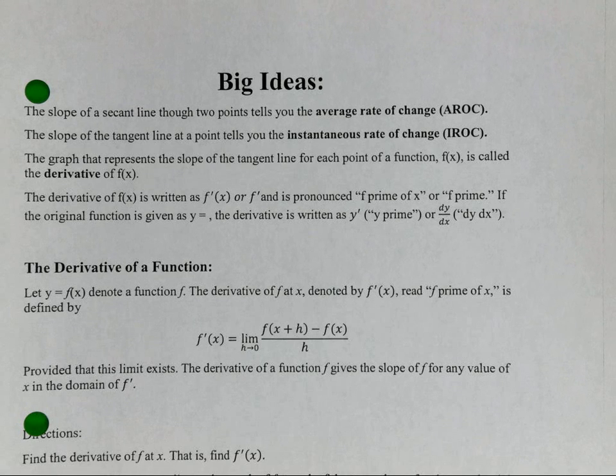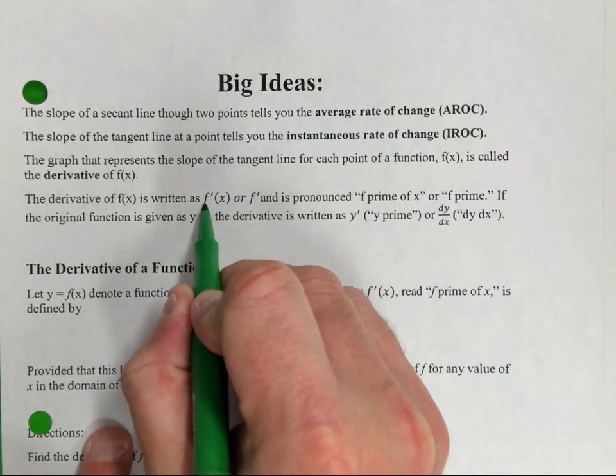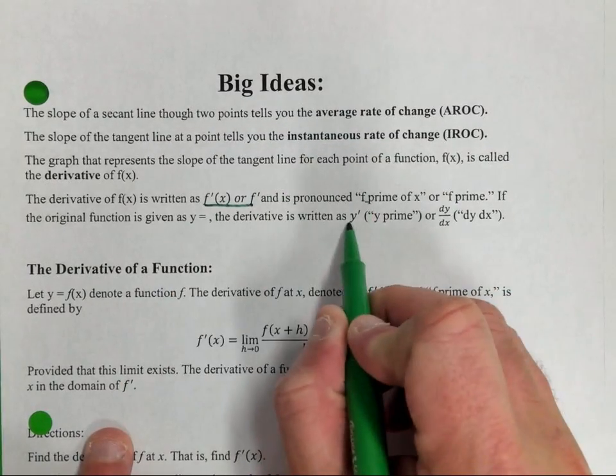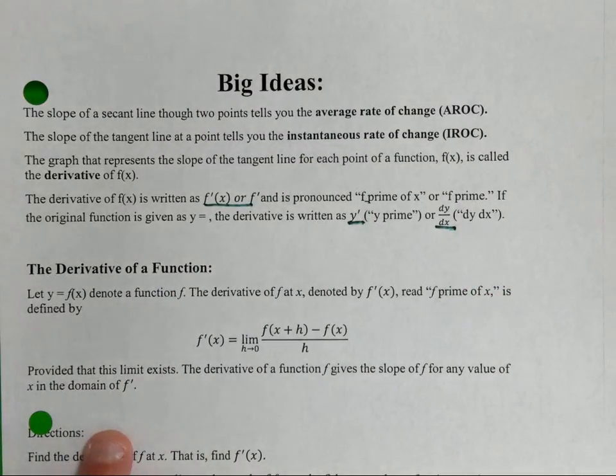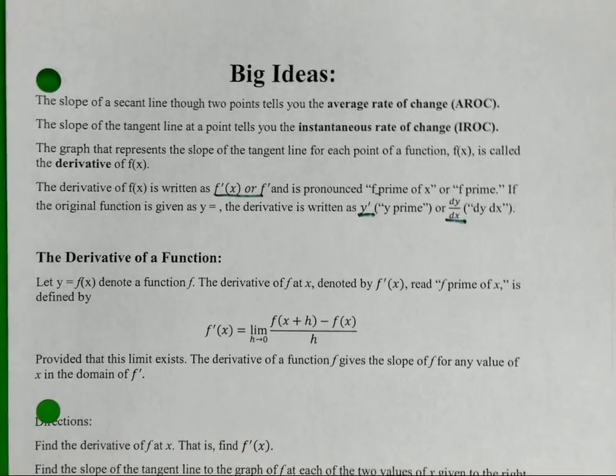If the original function is given as y equals, the derivative is written as y prime, or you can say dy over dx. So you can either see an apostrophe or this, and that means derivative notation. It's important to know both of those notations. These are all notations for derivative.